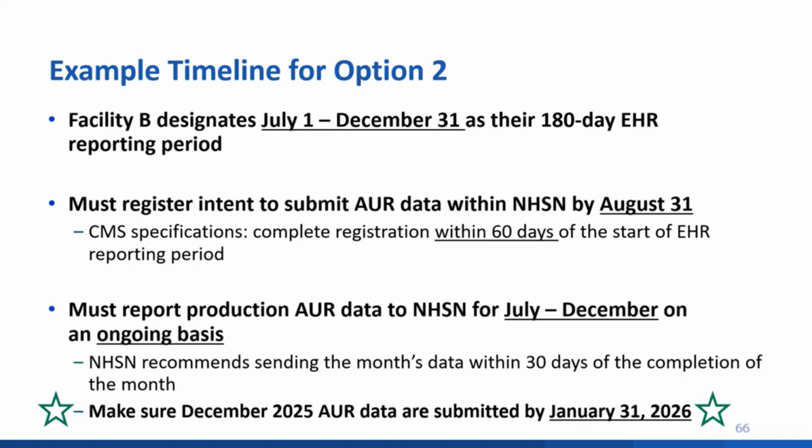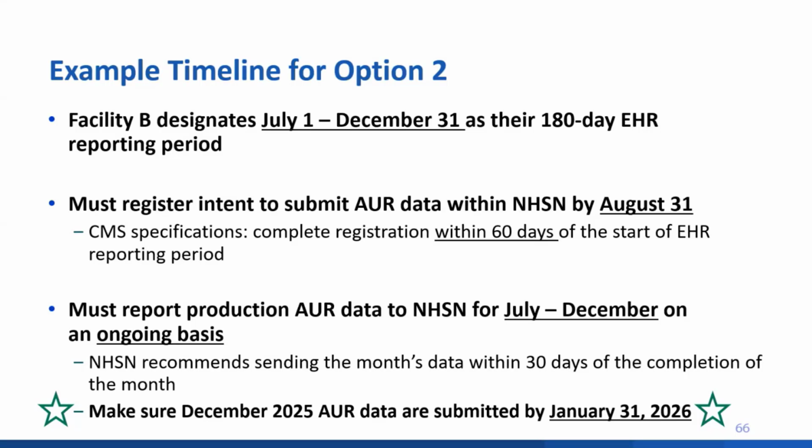Here's an example timeline for option 2. For Facility B with a designated 180-day EHR reporting period from July 1st to December 31st, the timeline for submitting AUR data begins with registering intent to submit within NHSN by August 31st. According to CMS specifications, this registration must be completed within 60 days from the start of the EHR reporting period.